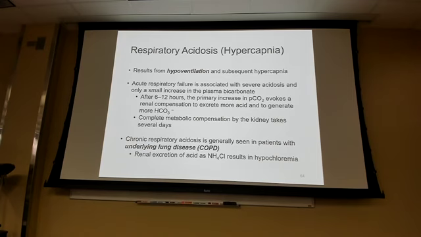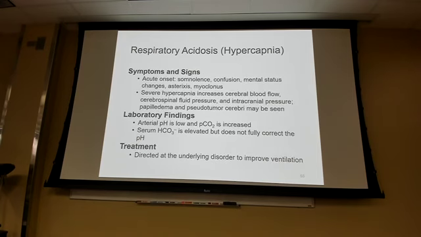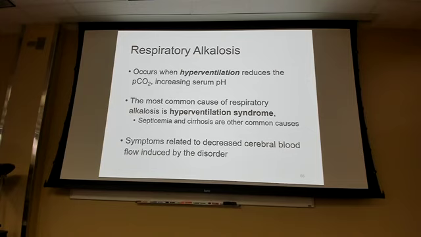Okay? And so signs and symptoms are hypercapnia, somnolence, confusion. Arterial pH is low, PCO2 is high, bicarb is high too. Right now, we're in respiratory opposite, right? Make sense? And give them oxygen, do whatever you've got to do.